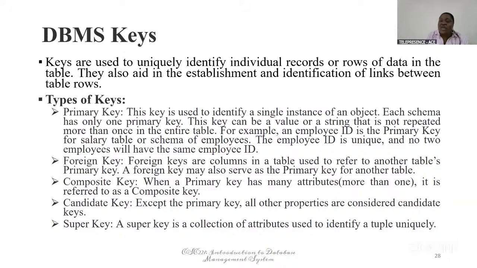And you know, this key is specifically for you, for only one person. You cannot have two persons in your department having two primary key. A primary key is a single instance of an object. So it is just for only you in a table. So we don't have repetition of primary key.